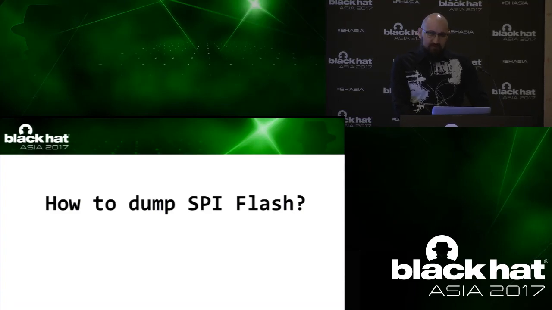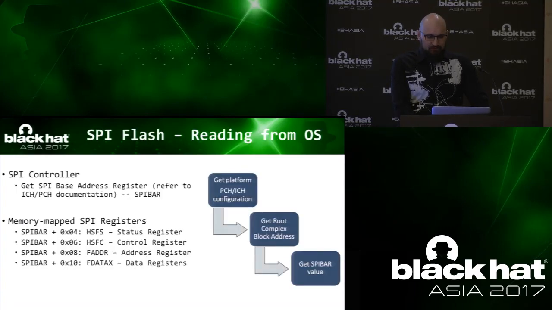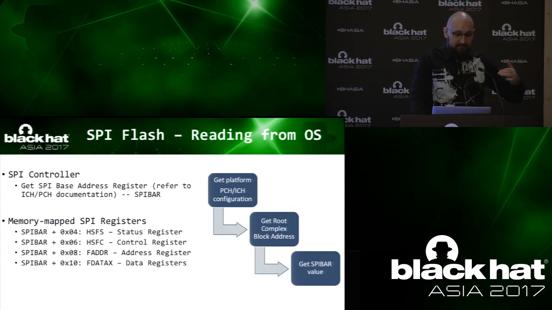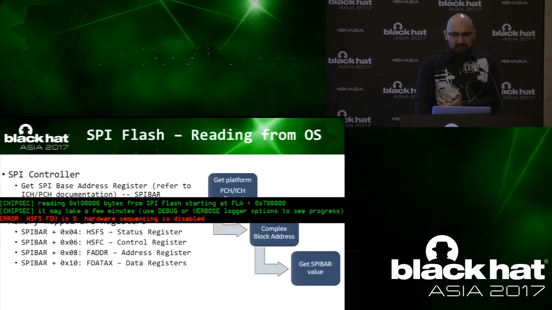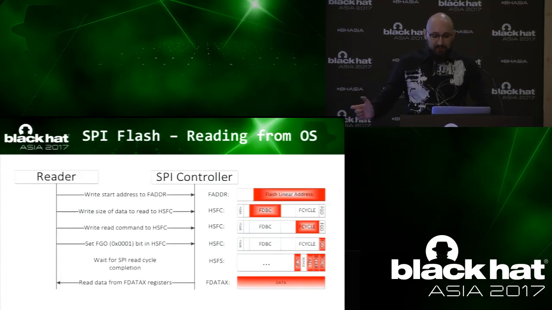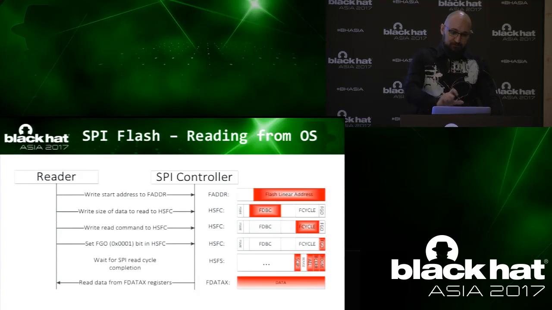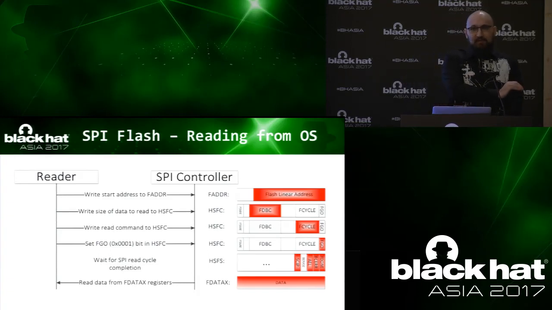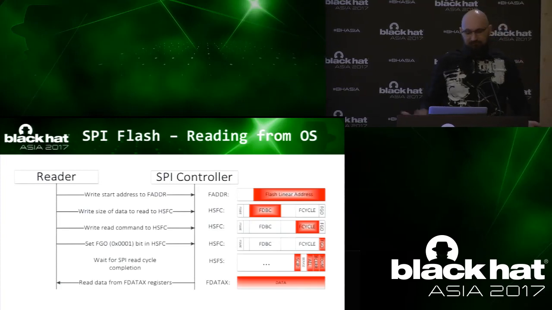But how does an SPI-flash dump actually work? All the software which dumps SPI-flash from the operating system level communicates with the SPI-flash controller and tries to read the SPI-flash region through specific SPI registers, but sometimes it's not configured correctly, and some of the software can fail on some of the platforms. And also, as I mentioned, an implant inside the BIOS can modify requests to the SPI-flash controller, and the reader will get fake output from the SPI-flash memory.